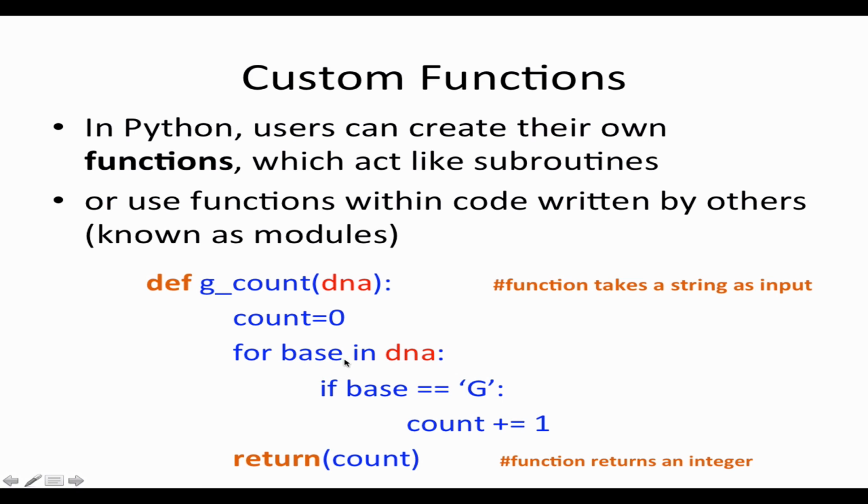Now I'm creating a loop for base in DNA, again assuming DNA is a string. If the base is equal to G, I'm incrementing my count of G and I'm returning the count. Return is another really key aspect of a function. Return is the output. So you define what the function takes in and what the function outputs. So conceptually, it's just like a function in math, right?